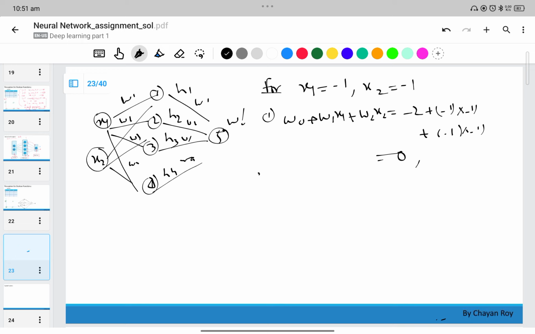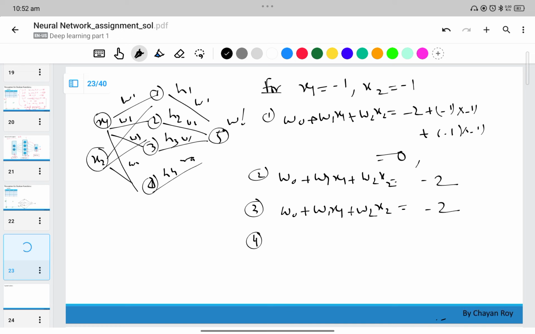And for neuron 2 similarly, if we calculate based on our equation, we get -2, and for neuron 3 with w0, w1 x1, w2 x2, we get -2, and similarly for neuron 4 we get -4.